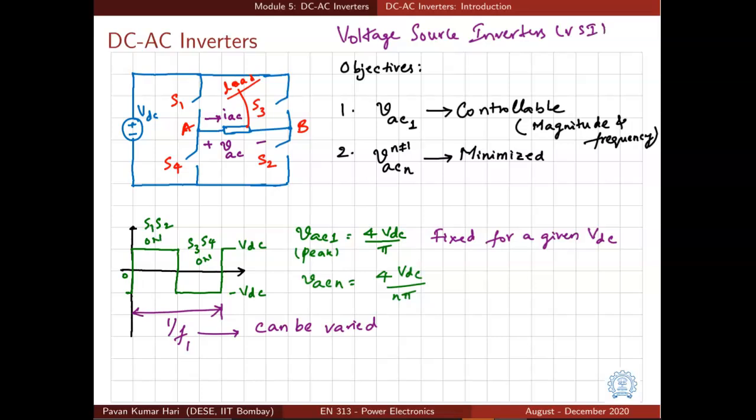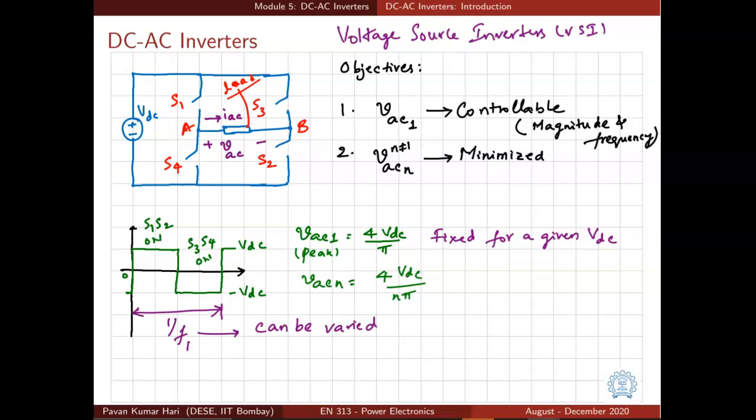We are not defining the current that will be drawn from this inverter; that will be defined by the load. There are also current source inverters, but voltage source inverters are more popular, and that is why we are discussing them in this course.